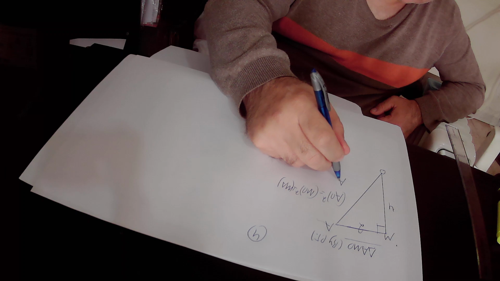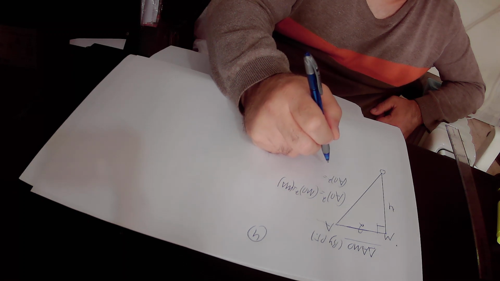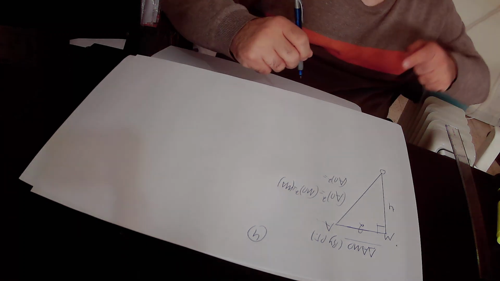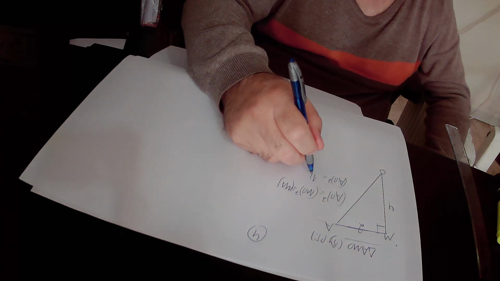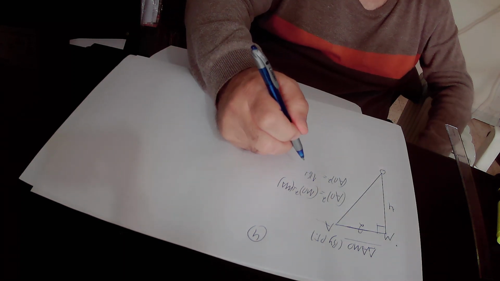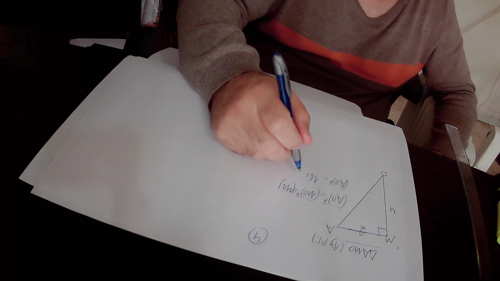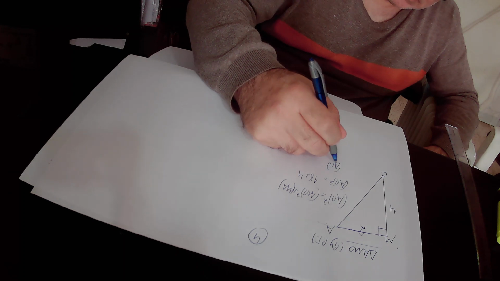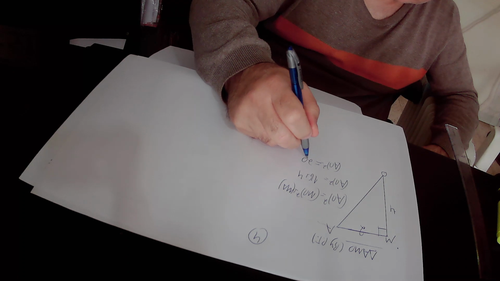So AO square equals MO square. MO is 4, therefore MO square is 4 squared, that is 16, plus MA square. MA is 2, therefore MA square is 2 squared, that is 4. So AO square equals 16 plus 4, which is 20.